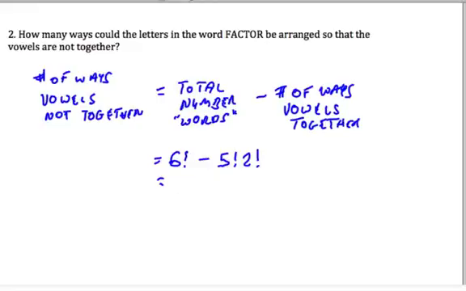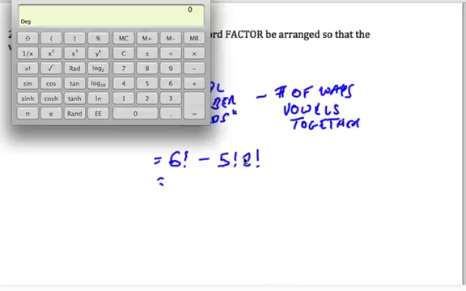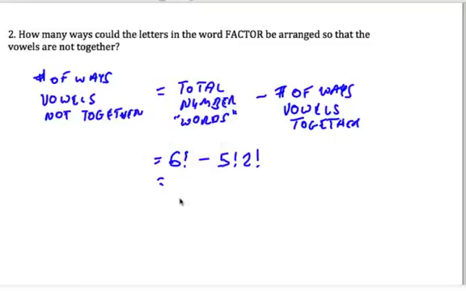So when we do this on our calculator, 6 factorial is 720 minus 5 factorial times 2 factorial. And so that'll be 480.